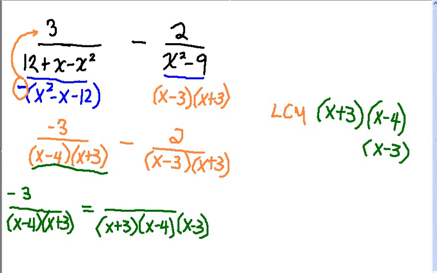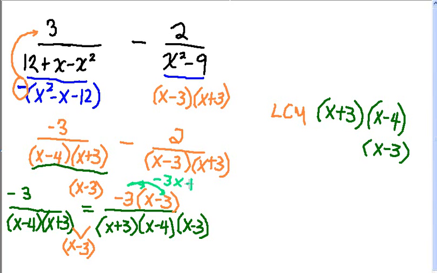The only thing my denominator is missing is the x minus 3, so I need to put that in the numerator. Whatever I multiply the denominator by, I have to multiply the numerator by. So I get minus 3 times x minus 3. Now I can go ahead and distribute that negative 3 out and get minus 3x plus 9. Okay, so that's my first term.